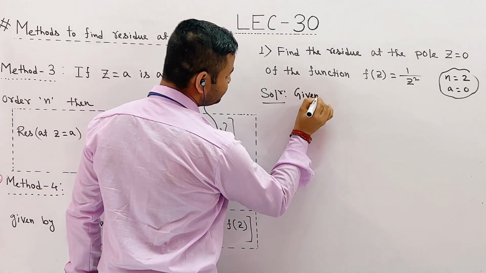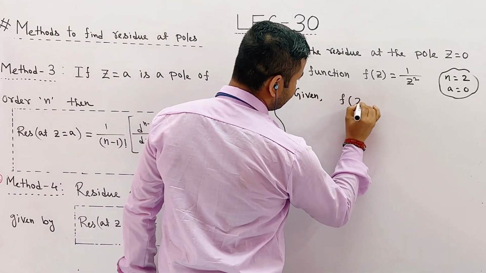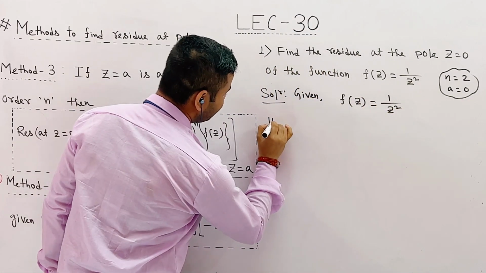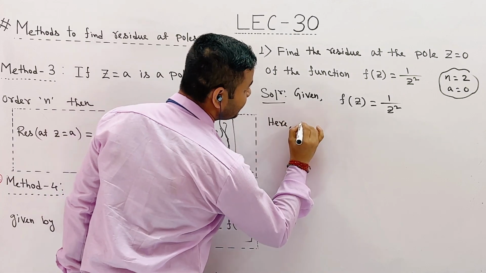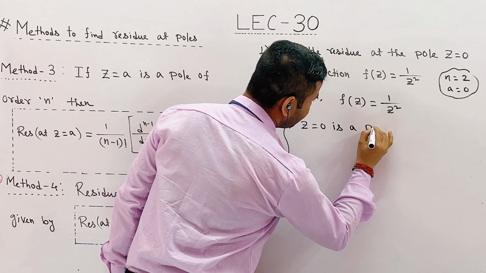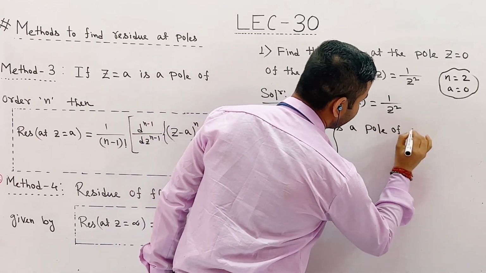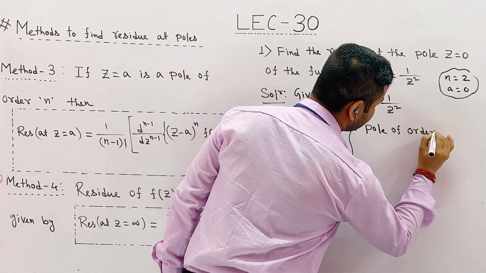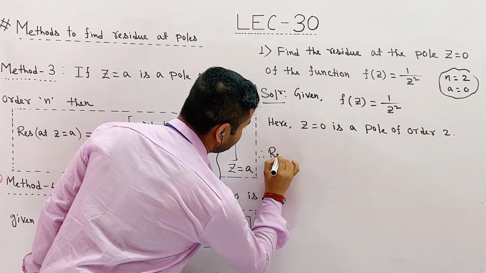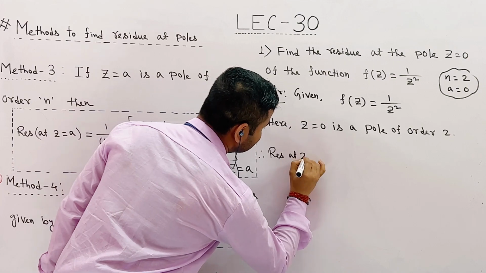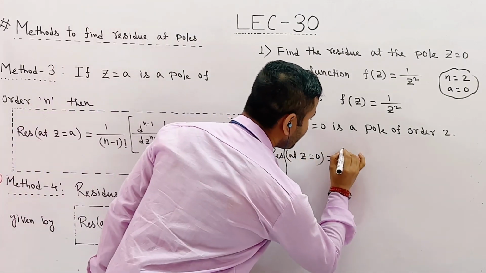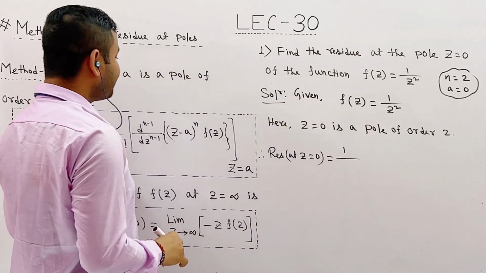Given f of z is equal to 1 by z square. Here z equal to 0 is a pole of order 2. So, therefore, residue at z equal to 0 is equal to 1 by (n minus 1) factorial.